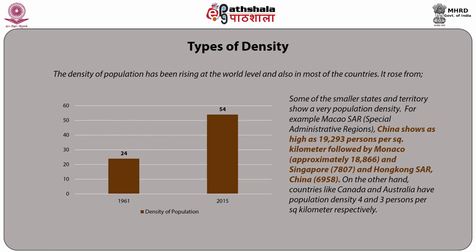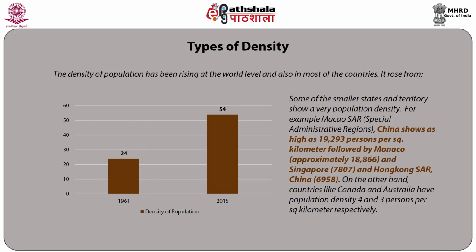Some of the smaller states and territories show a very high population density. For example, Macau SAR, that is Special Administrative Region, China, shows as high as 19,293 persons per square kilometer, followed by Monaco, which has approximately 18,866, and Singapore 7,807, and Hong Kong SAR of China 6,958.